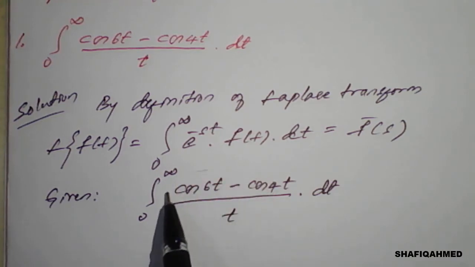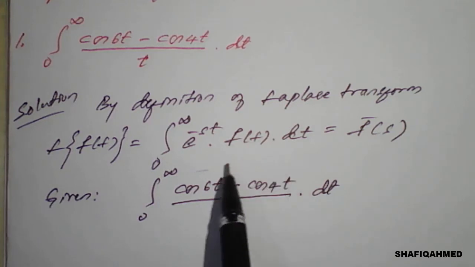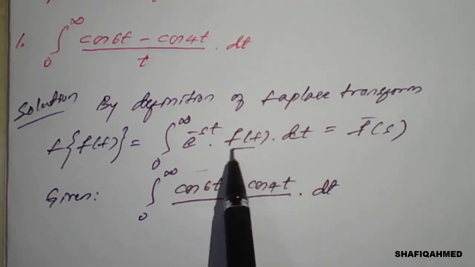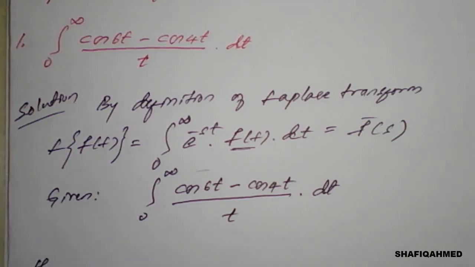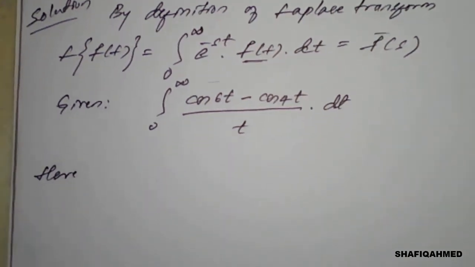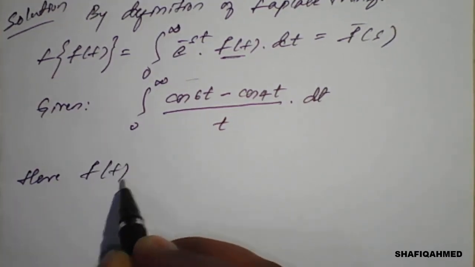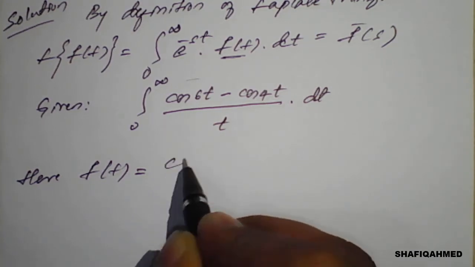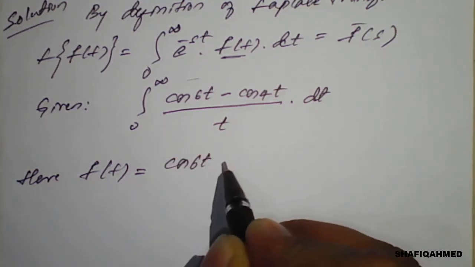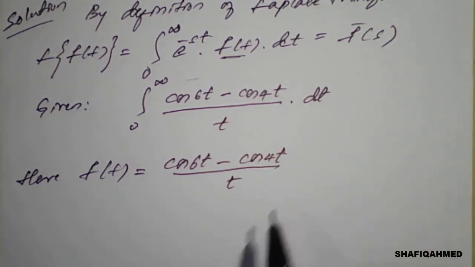This portion, cos of 6t minus cos of 4t upon t, completely is nothing but the function f of t. So f of t is nothing but cos of 6t minus cos of 4t divided by t. So this is the function f of t.